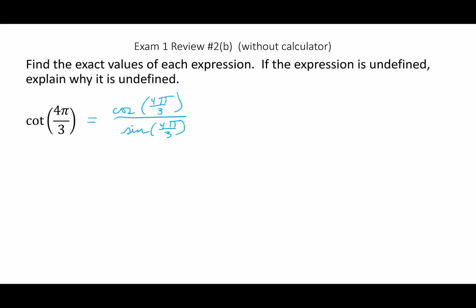To break this down further, let's see, where is 4 pi over 3? It's going to be in quadrant 3 here. So we're in quadrant 3. And in quadrant 3, we're going to have a reference angle of pi over 3.